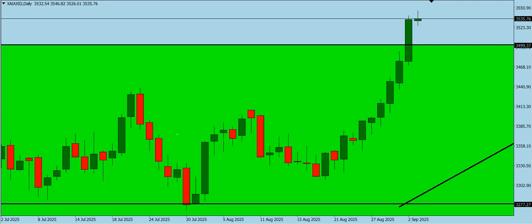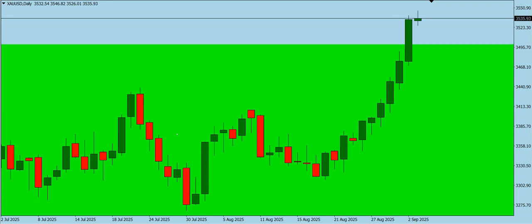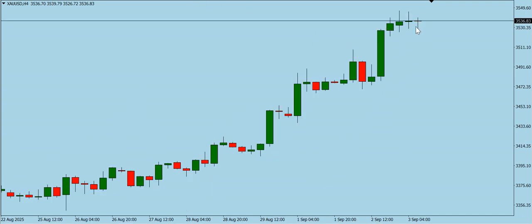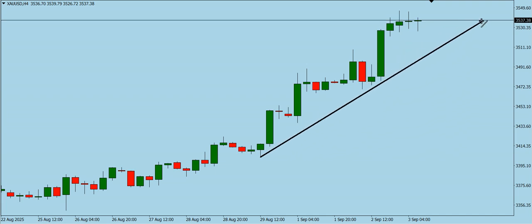We've analyzed the weekly time frame, but what do we have on the 4-hour time frame? The 4-hour time frame shows that price of gold is still bullish.